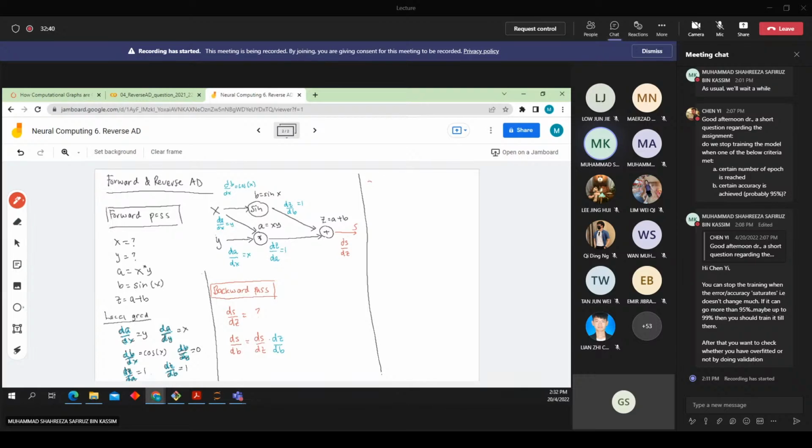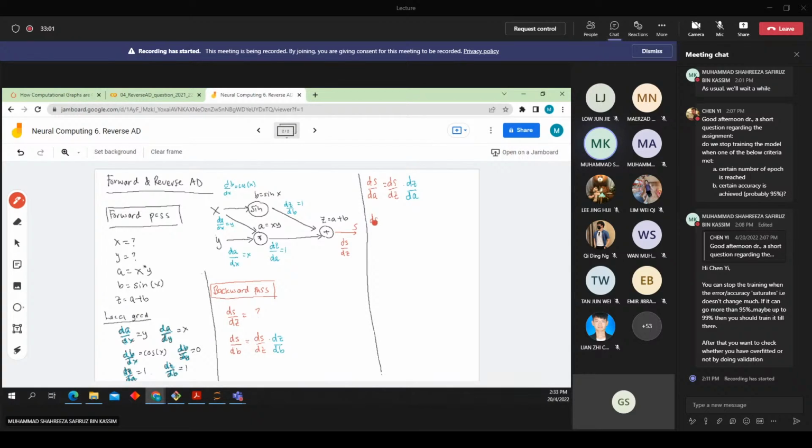So I'll just write it here: the partial derivative of s with respect to a is equal to the partial derivative of s with respect to z times the local gradient, which is the partial derivative of z with respect to a. And then we can go on some more.